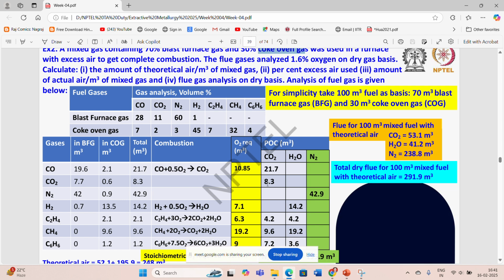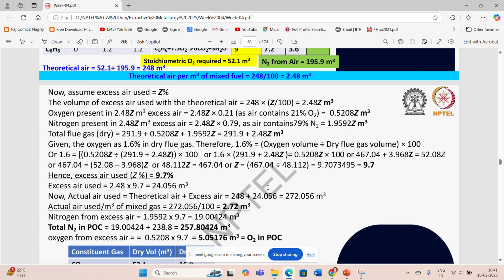And after calculating the theoretical combustion, we can go with the excess air calculation, and after calculating the excess air, we can calculate the flue gas composition accordingly.